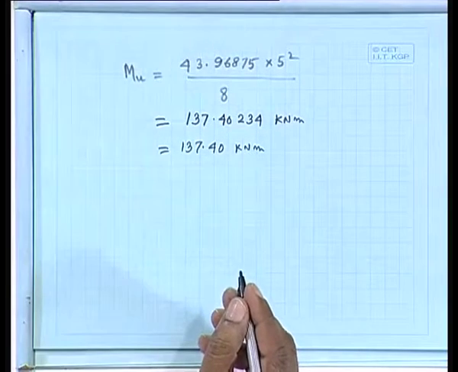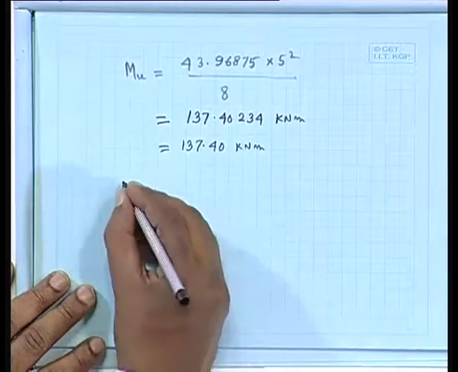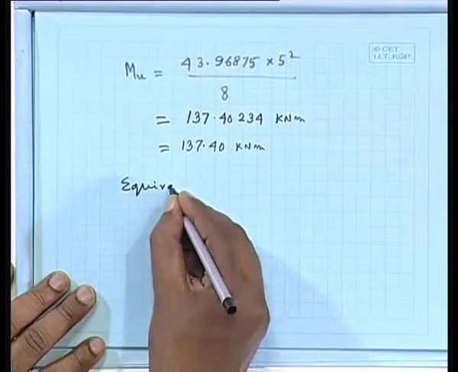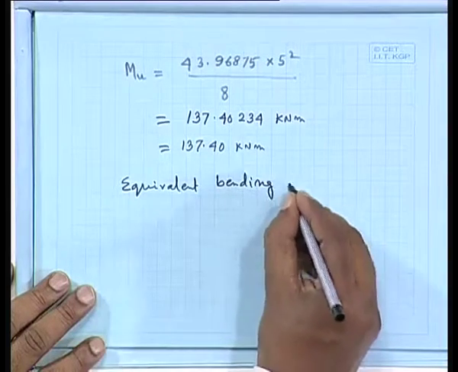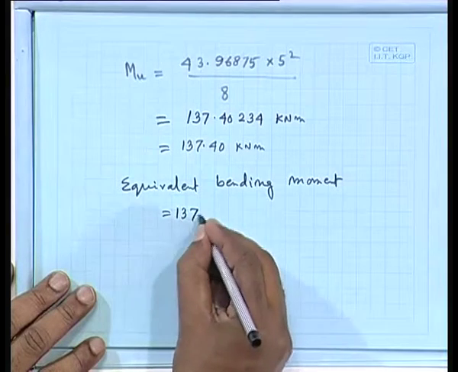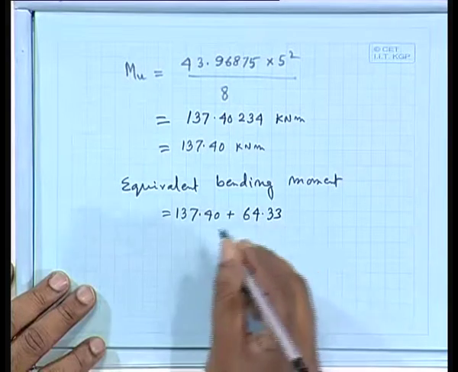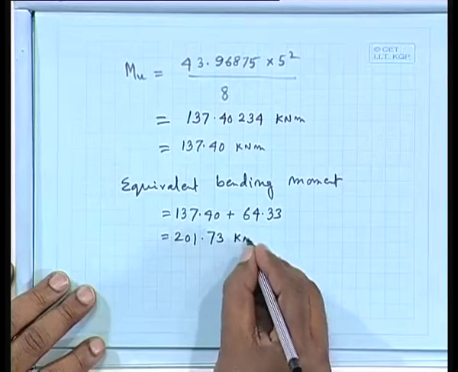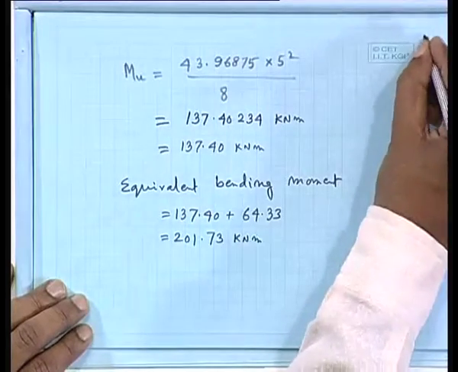So we have got MU. So equivalent bending moment equal to 137.40 plus 64.33 equals 201.73 kilonewton meter. D equal to, let us calculate D.